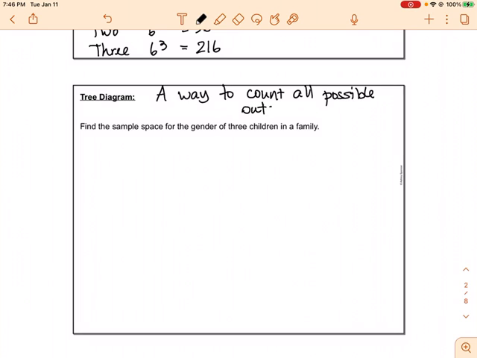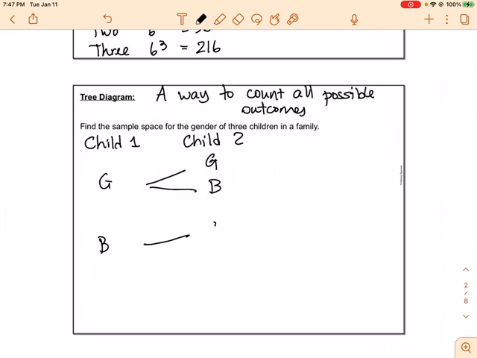So let's use a tree diagram to find the sample space for 3 children. You could have child 1 be a girl or a boy. Child 2 would be a girl or a boy. So the first one's a girl, the second one could be a girl, and the first one could be a girl, the second one be a boy.